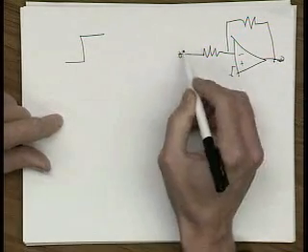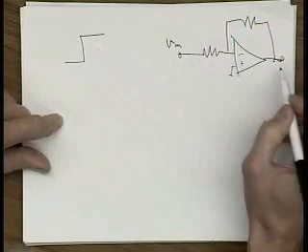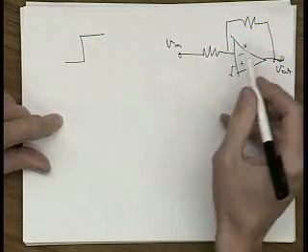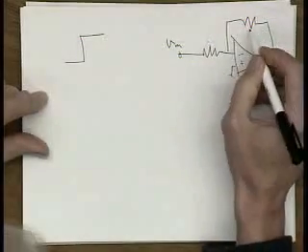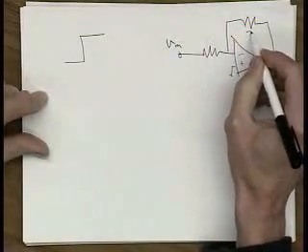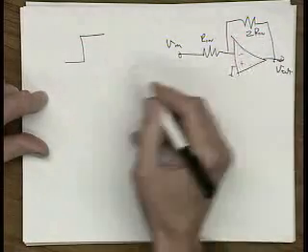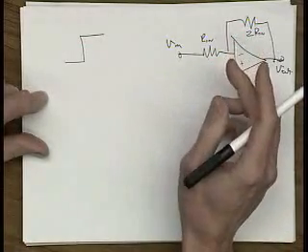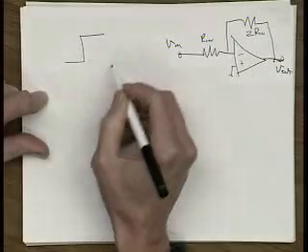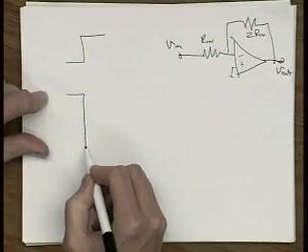So we put in a step. This is Vin, and here's Vout. These resistors are ratioed: this is 2 times Rn, and this is Rn. So there's a factor of 2 here, and the output will be twice as big.